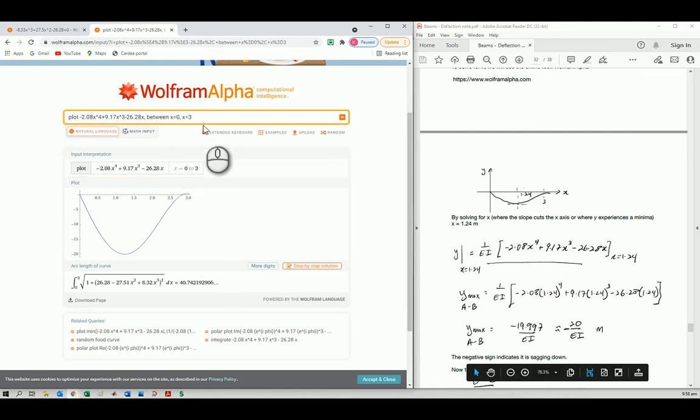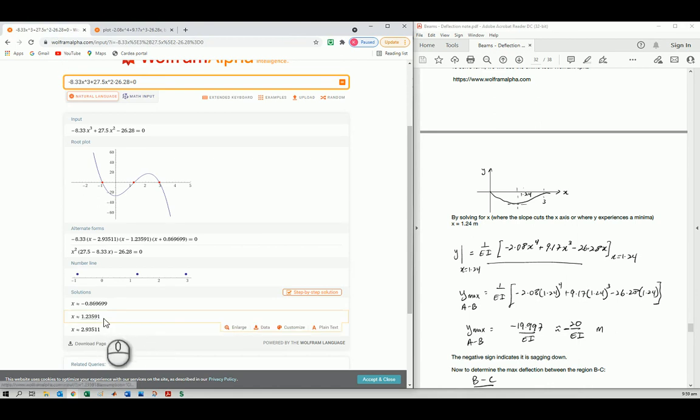Now, if you already typed in the equation in Wolfram, there's no need to actually do out this equation. We have the equation entered already, so you could remove this bit here and say x is equal to 1.24, or you could do the exact value, which is 1.236.